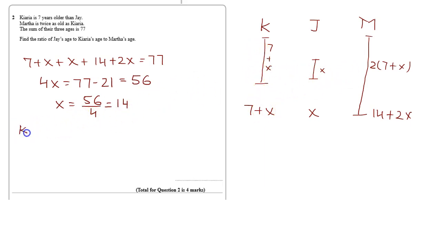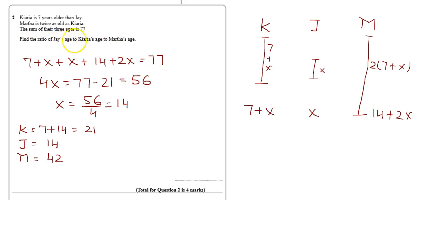So Carria's age is 7 plus 14, that is 21. The age of J is X only, that is 14. And the age of Martha is double this, so double of 21 is 42.